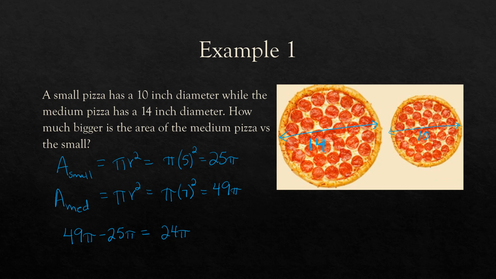And I'm sorry, we missed units up here. This would be inches squared and inches squared, since our radius is in inches. So the difference is 24 pi inches squared. And if you want to do 24 times 3.14, you get about 75 inches squared that the medium pizza is bigger than the small.